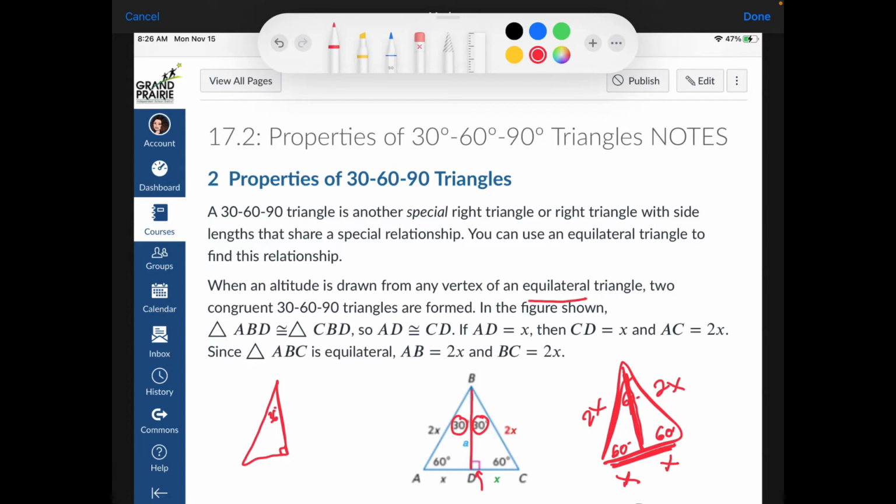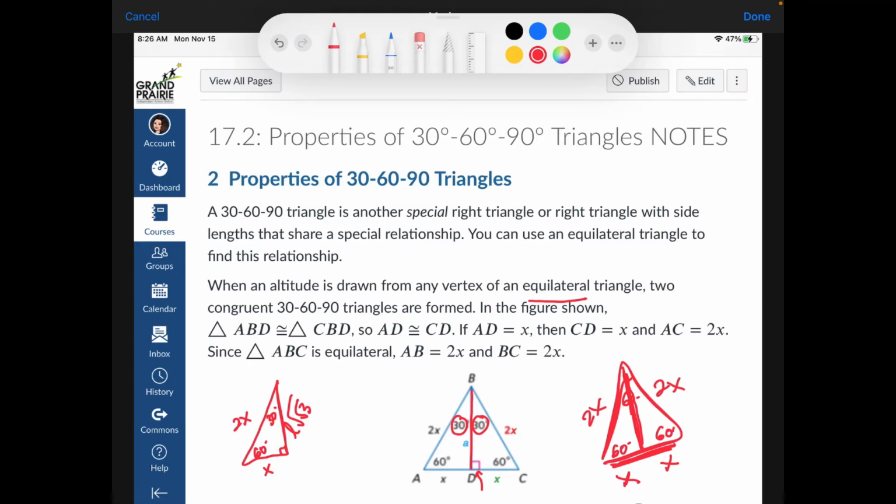And so we can look at just one of those triangles and we end up with a 30, 60, 90-degree triangle where the hypotenuse is 2x, the shorter leg is x, and if we use the Pythagorean theorem, we find that the long leg, and I'm going to use an L to represent the long leg, would be L times the square root of 3.